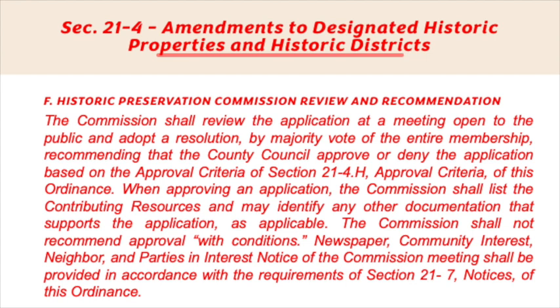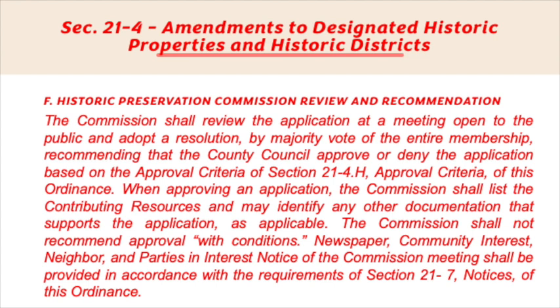F. Historic Preservation Commission Review and Recommendation. The Commission shall review the application at a meeting open to the public and adopt a resolution by majority vote of the entire membership recommending that the County Council approve or deny the application based on the approval criteria of Section 21-4.h of this ordinance.